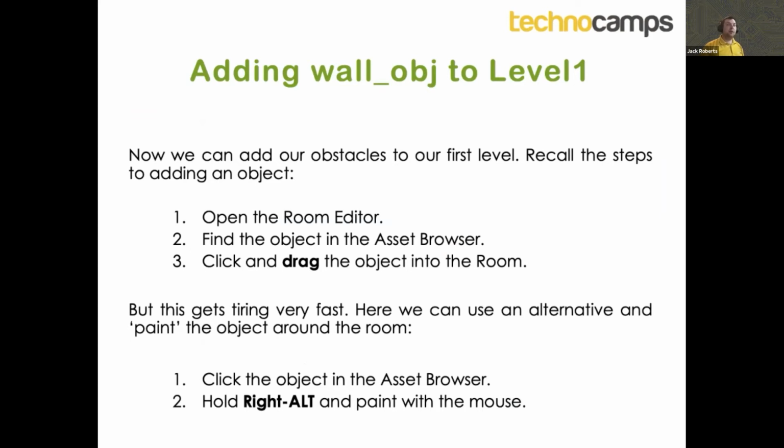So there's an alternative. You can single click it in the asset browser and then hold the right Alt button on your keyboard to paint with the mouse. I believe that is different on other devices. I'm using a Mac. It's right Alt on Mac. I can't remember what it is for Windows.